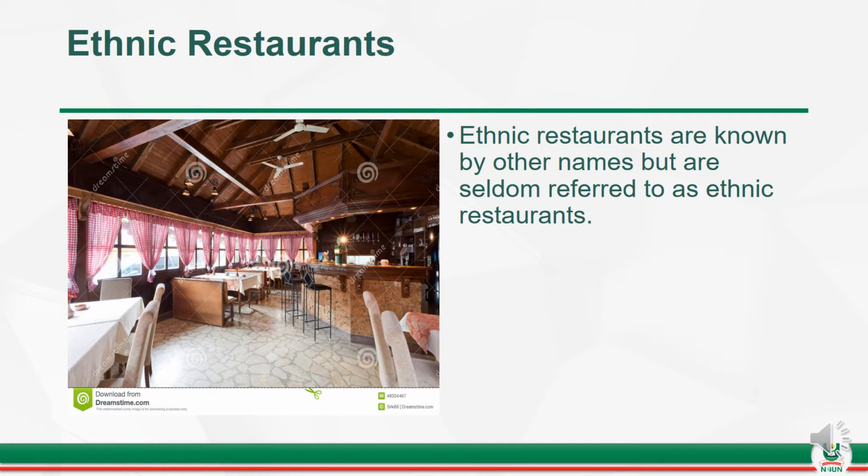Those are ethnic restaurants. Perhaps the fastest growing segment of the ethnic restaurant is in the United States of America. Popularity-wise, it is that of the Mexicans. Mexican food is heavily represented in the southwestern states of the United States.